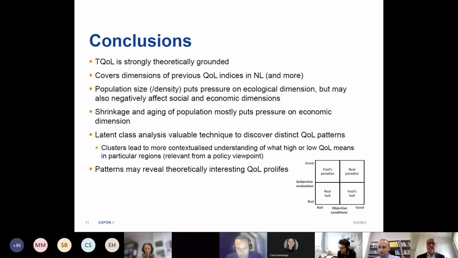And we saw in the Netherlands how population size, aging and population decline affect the quality of life dimensions. And the latent class analysis was found to be a suitable technique to discover these quality of life patterns. So that's it. Thank you for your attention.